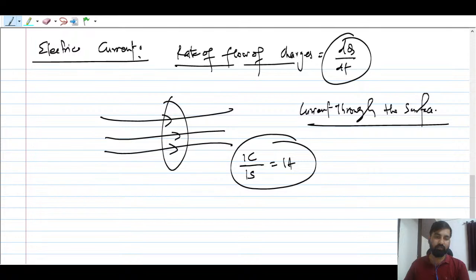In our case, if we design a circuit, there will be a wire, represented like this, and current is going to flow like this.